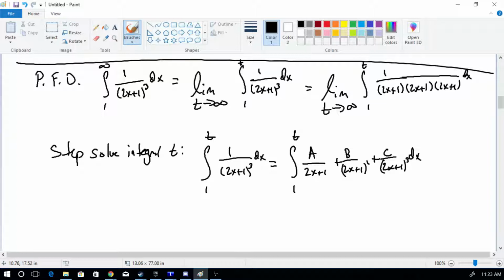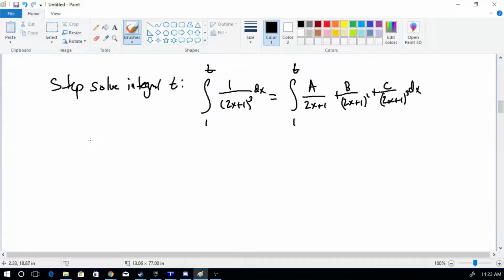Alright, caught myself, almost made a terrible mistake. Alright, repeating linear terms. Every time it repeats, we want to get all the powers. This repeats 3 times, so I should have a single power term, a squared term, and a cubic term.